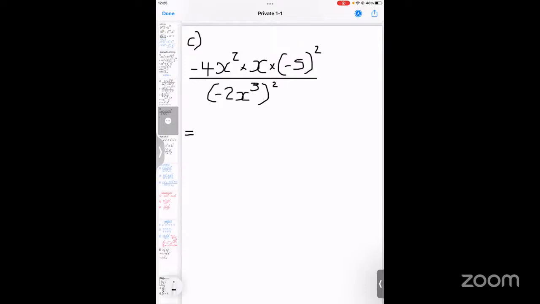And then this is equal to, let's see, we will definitely need to work out our bracket. So everything else, we can just write it as it is. We just focus on where we have the brackets. Okay, let's say that. And then we have x.